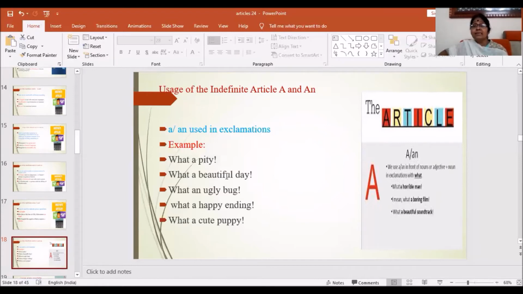So these examples tell us that we use a and an in front of noun or adjective plus noun in exclamations with what, right? So in these cases also we use our articles.